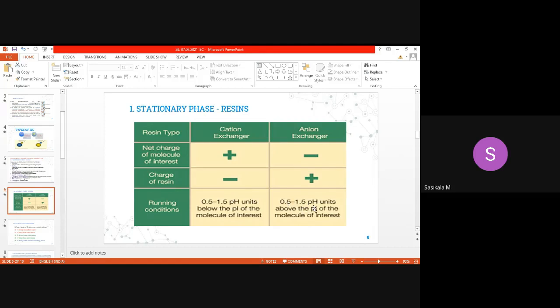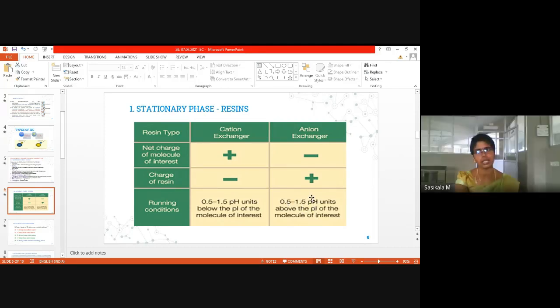If 7 is the PI value, then 8 or 8.5 will be taken as pH for separating anions in anion exchange chromatography. So the pH will be basic pH here, pH will be acidic pH there. Since the sample is acidic in nature there, here the sample is basic in nature. So the pH should be maintained in basic condition.